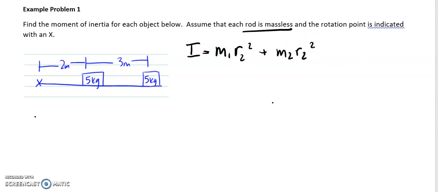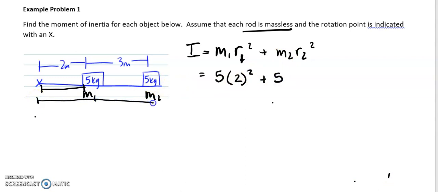We're only dealing with 2 point masses. So mass 1 is 5 kilograms. I'll call this M1 and I'll call this M2. Excuse me, that should be R1. And then it's 2 meters away from the pivot point, squared, plus M2 is 5, and it looks like that is a total of 5 meters away from the pivot point.